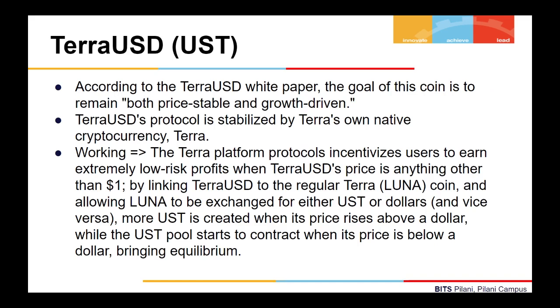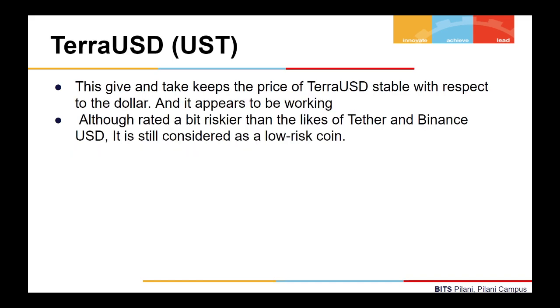By linking Terra USD to regular Terra and allowing Luna to be exchanged for either USD or dollars, more USD is created when its price rises above a dollar, while the USD pools start to contract when its price is below a dollar, bringing equilibrium. This give and take keeps the price of Terra USD stable with respect to the dollar, and it appears to be working. Although rated a bit riskier than the likes of Tether and Binance USD, it is still considered a low risk coin.